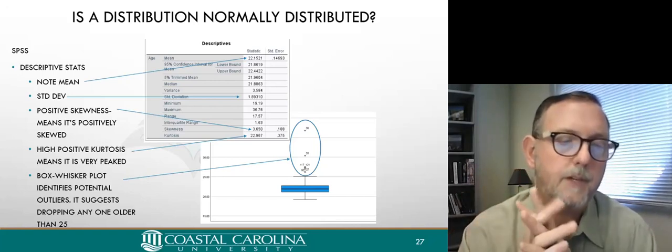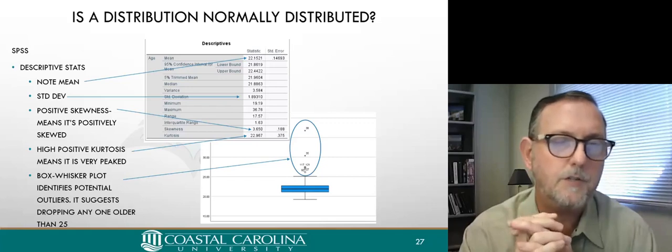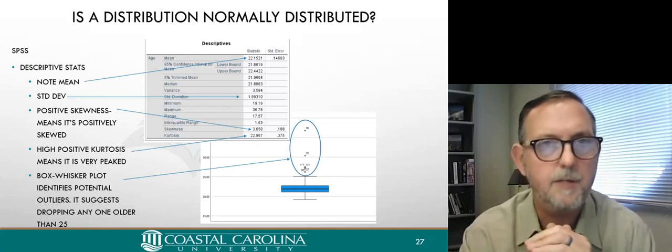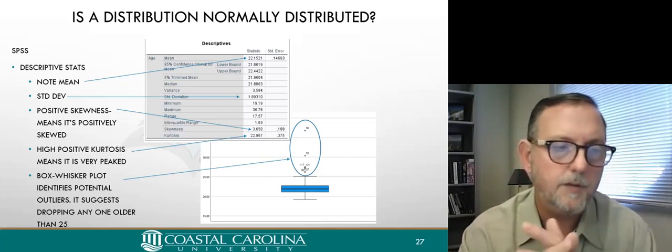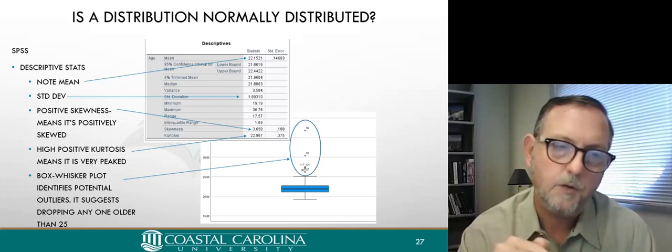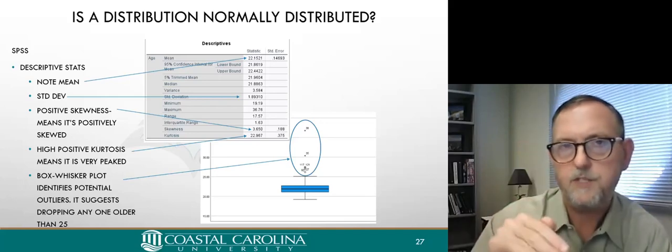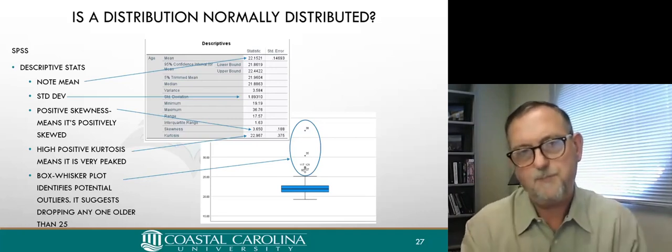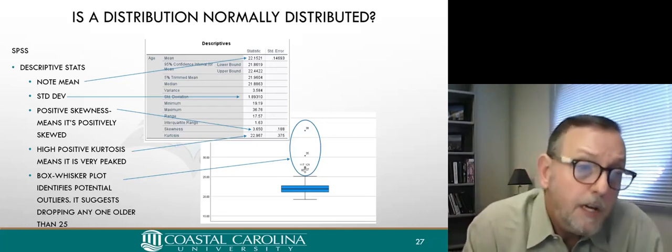You might also fix your kurtosis, although it's probably always going to be peaked, but your skewness will definitely be improved. It also indicates that 25 is the upper limit. So anybody over 25 seems outside of the norm, is basically the way you can interpret this.